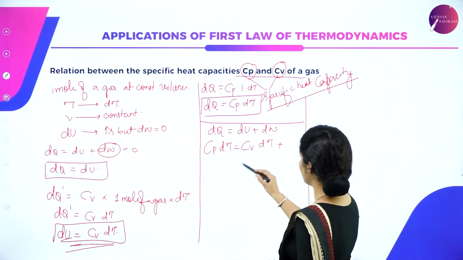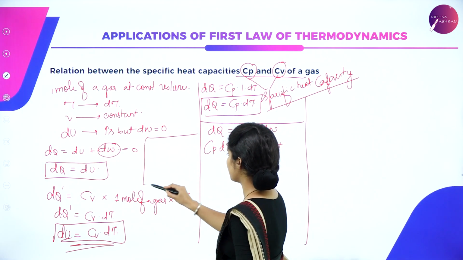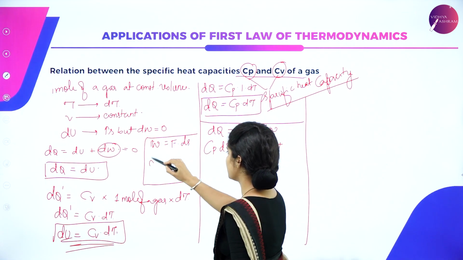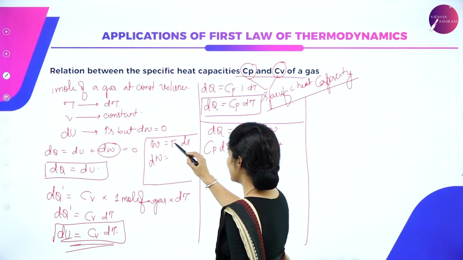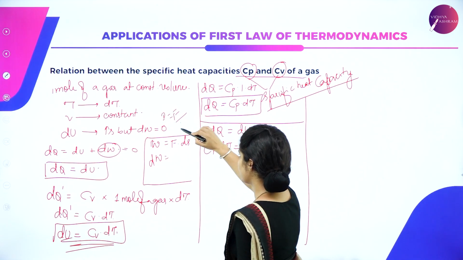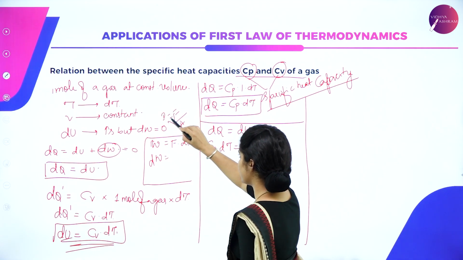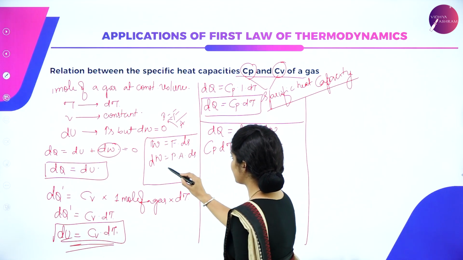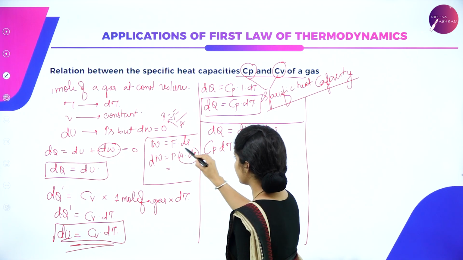And for dW you can use the equation work done is equal to force into displacement. Force can be obtained from pressure, which is force per unit area, so force is pressure into area. So pressure into area into displacement gives volume.